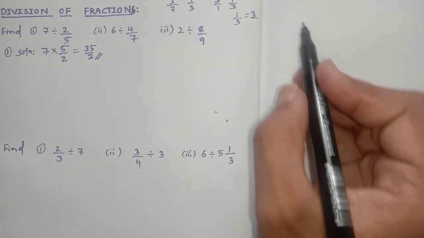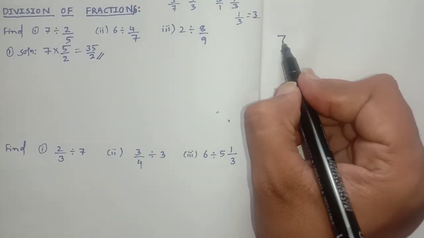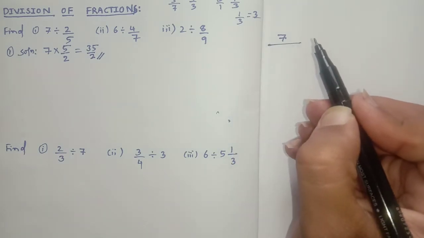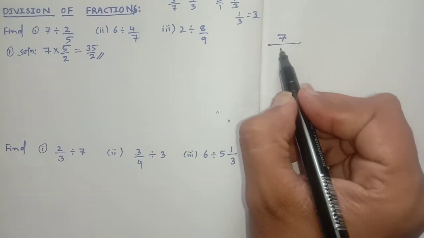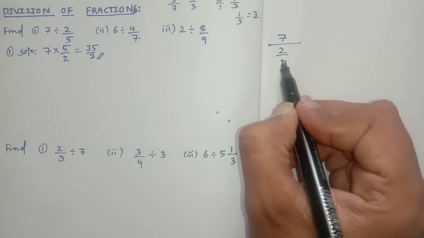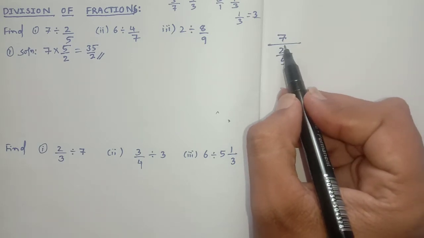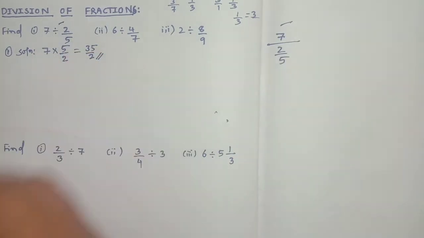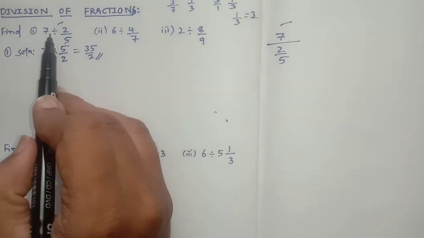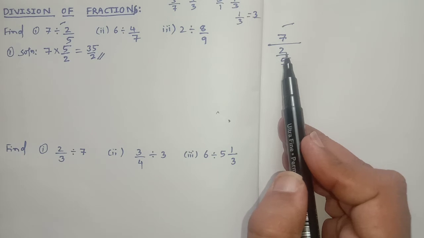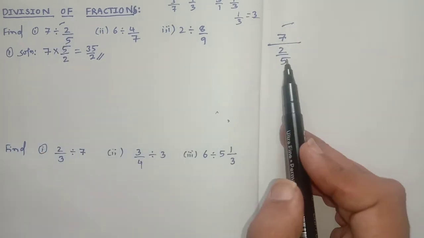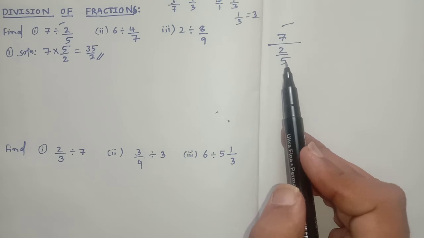Sometimes it will be given like this also, student: 7 divided by 2 by 5. This one and this one have the same meaning. This is also 7 divided by 2 by 5 and this is also 7 divided by 2 by 5.